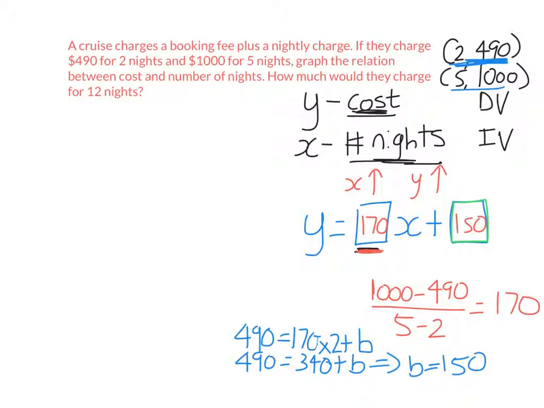So the cost of the cruise is $170 per night plus 150. So this must be the booking fee. This is the fixed cost, what you have to pay before you even stay a night, $150. So we've got this equation and it'll be really easy to graph.